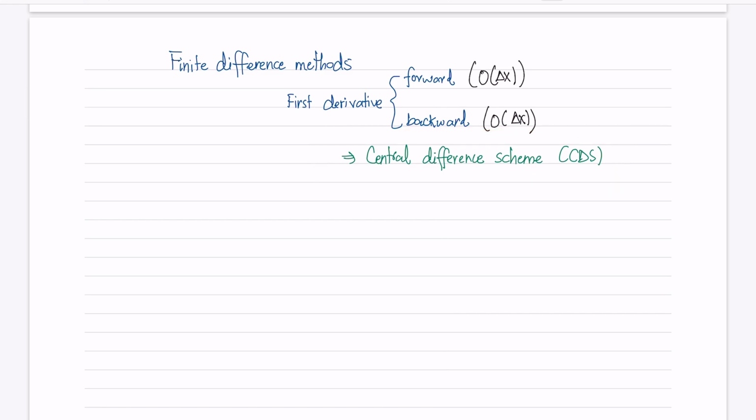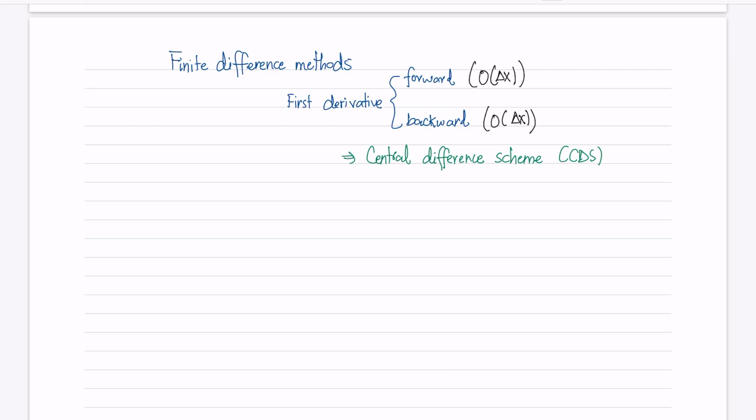And one final remark that I would like to make is, in the classes today and before, we have derived the forward and backward estimates that had a truncation error of delta x, but we can come up with more advanced formulations in which the truncation error is even smaller.